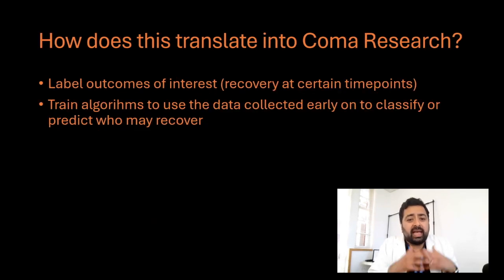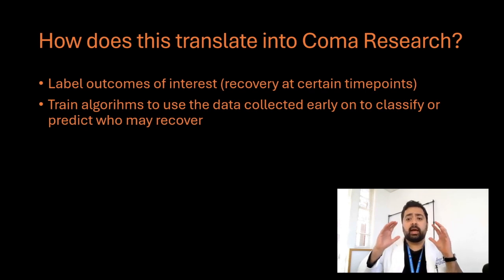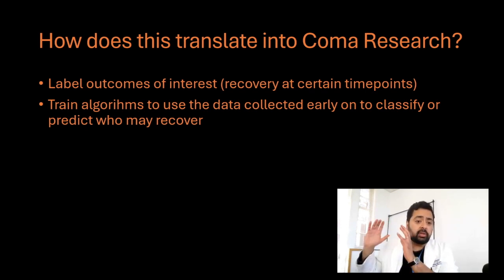Okay. So how does this translate into coma research, right? Ultimately, that's what we're here to talk about. We are collecting all of this incredible data. We're collecting EEGs and images and physiological data. We're giving different stimuli. We're collecting data about how the patient looks now and how they look out in the future. So we have outcomes of interest, right?